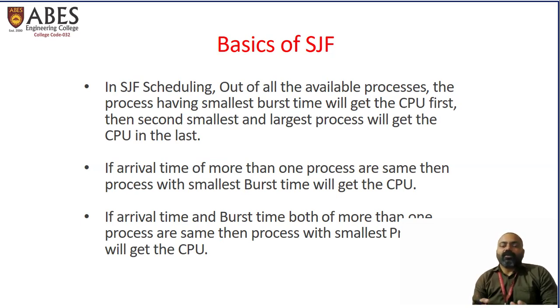If more than one process arrives at the same time and also has the same burst time, then what to do? In this case, the process which has the least process ID will get executed first.